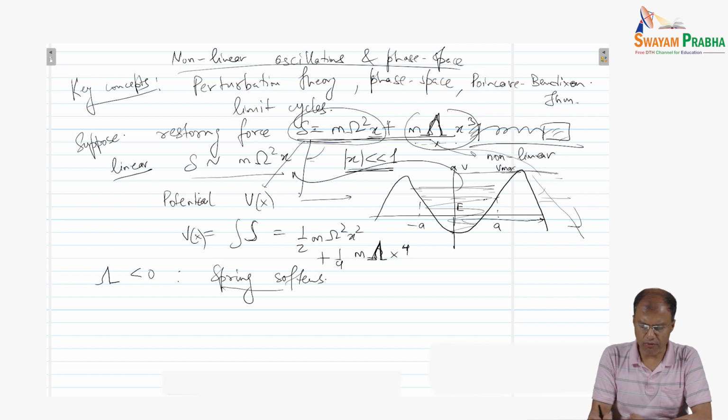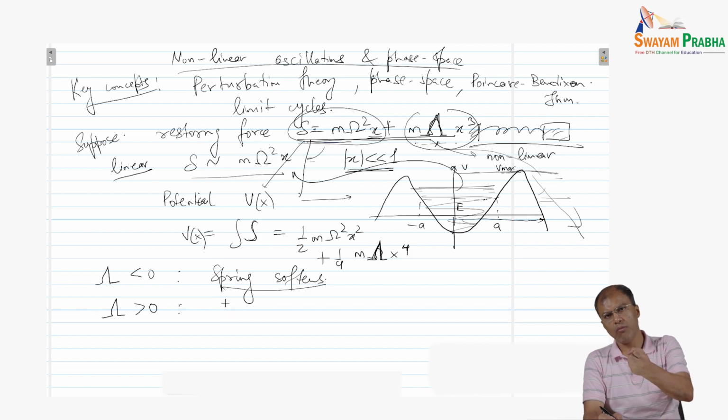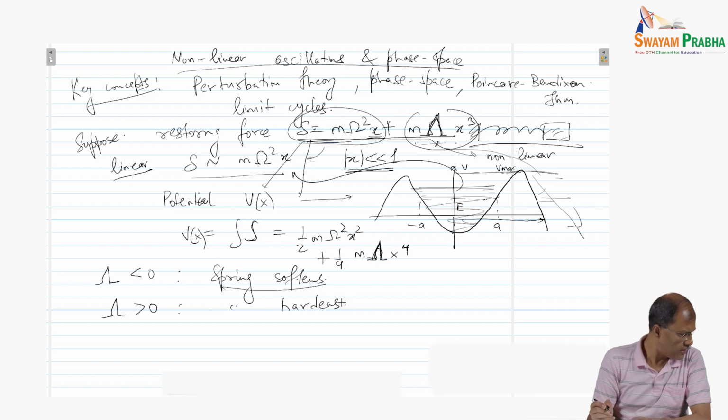So the spring is soft. And if lambda is greater than 0, then the more you deflect the object connected with the spring, the harder the spring becomes to alter the shape. So the spring is hard, so it hardens. That is what the terms are.